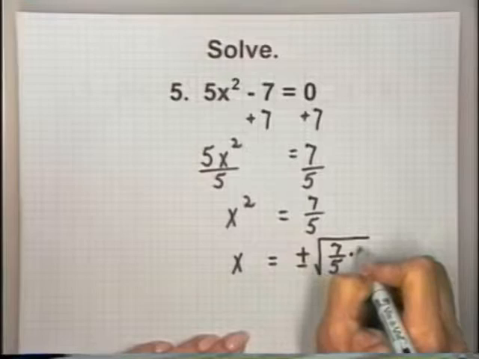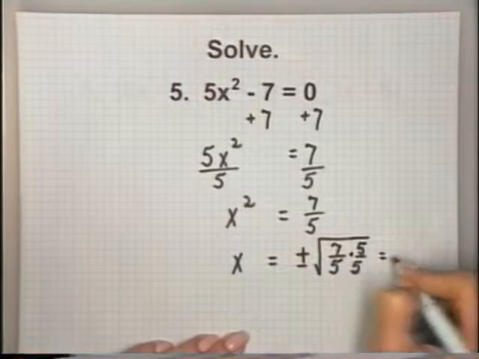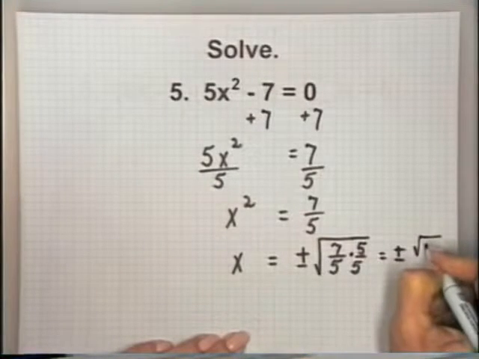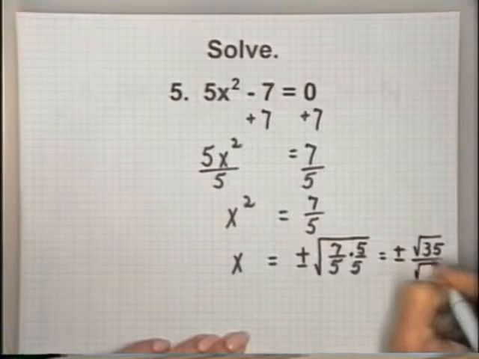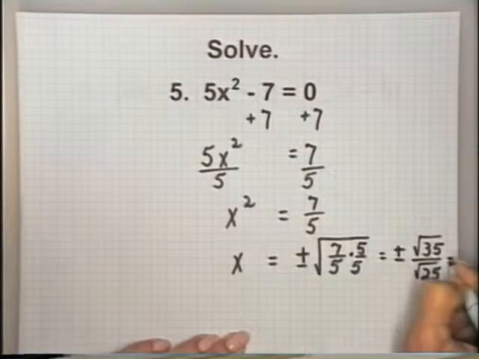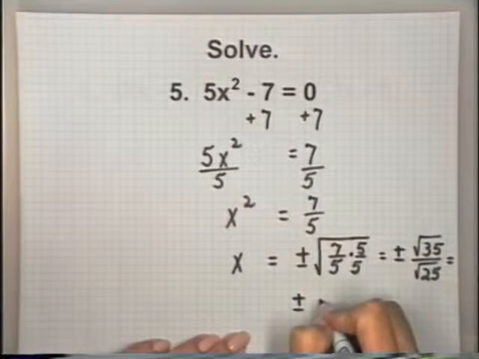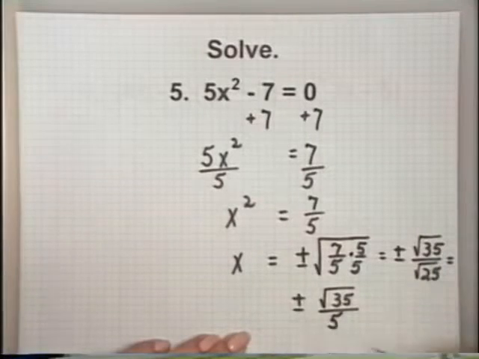Let's multiply by 5 over 5. So we'll have plus or minus, in the numerator, the square root of 35, in the denominator, the square root of 25. So that will simplify as plus or minus the square root of 35 over 5.